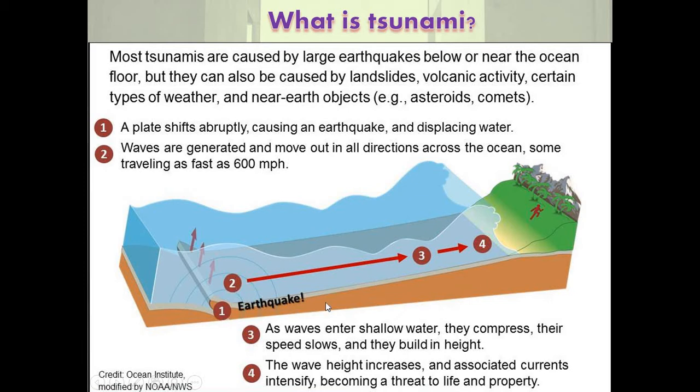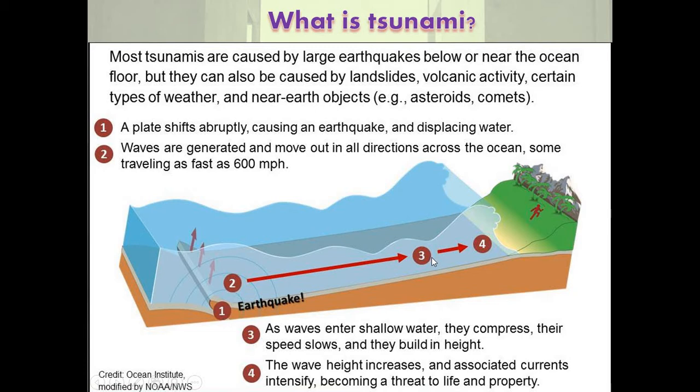Third, as waves enter shallow waters, they compress. Their speed slows and they build in height. Finally, fourth, the wave height increases and the associated current intensity becomes a threat to life and property. So a tsunami is a very dangerous situation.